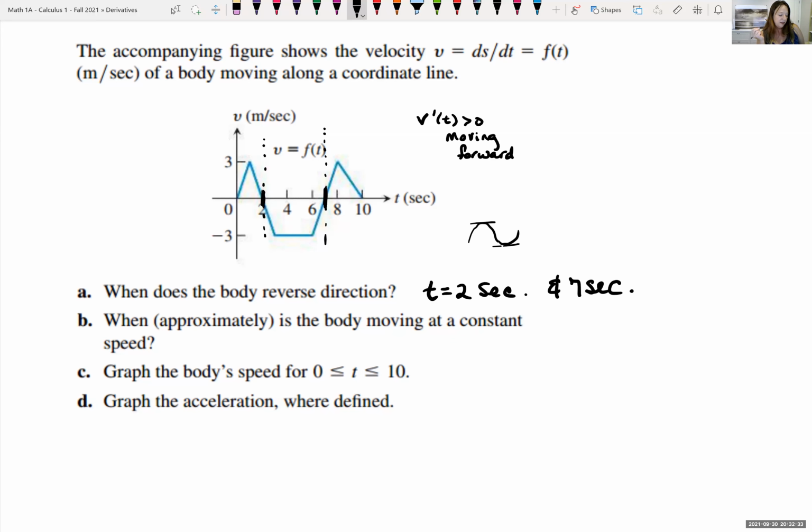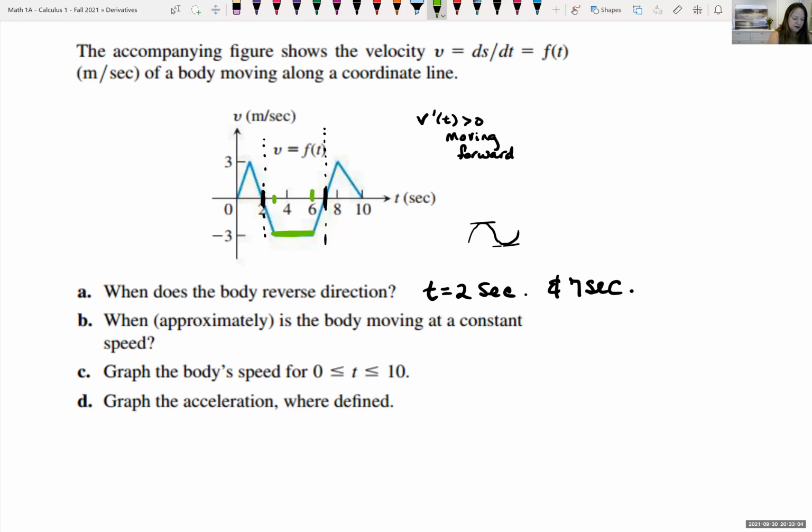Okay, so the other thing it's asked us, when approximately is the body moving at a constant speed? Well, if it's moving at a constant speed, that's telling me that the slope is the same. If the slope is the same, and this is the picture of the derivative function of my position function, the slope is remaining the same here when t equals 3 to t equals 6.